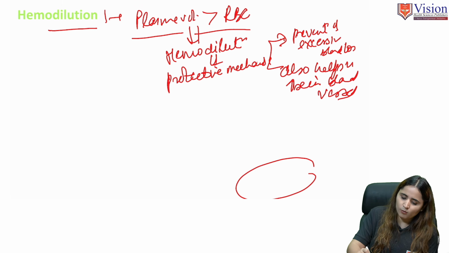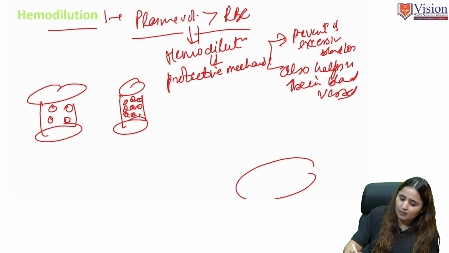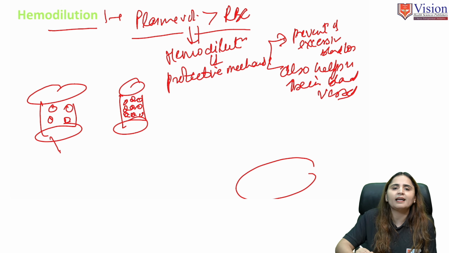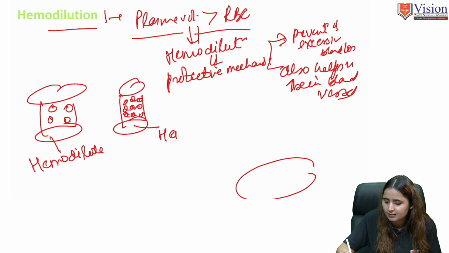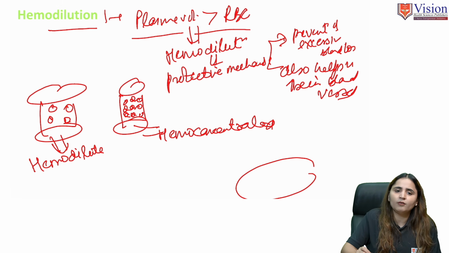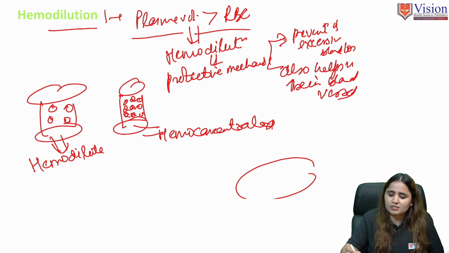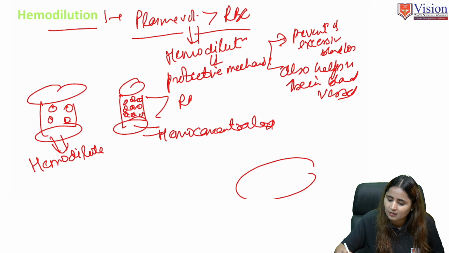Now let's discuss how this helps as a protective mechanism. See, suppose this is a vessel, and these are the RBCs. In the first diagram, the blood is hemodiluted, and in the second the blood is hemoconcentrated. Hemodiluted blood means there is a smaller number of RBCs, whereas hemoconcentrated has more RBCs.